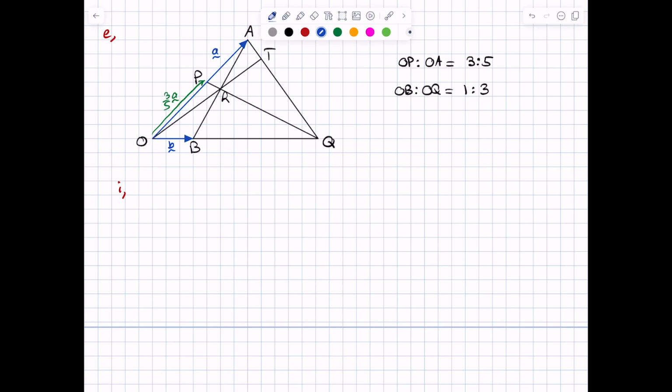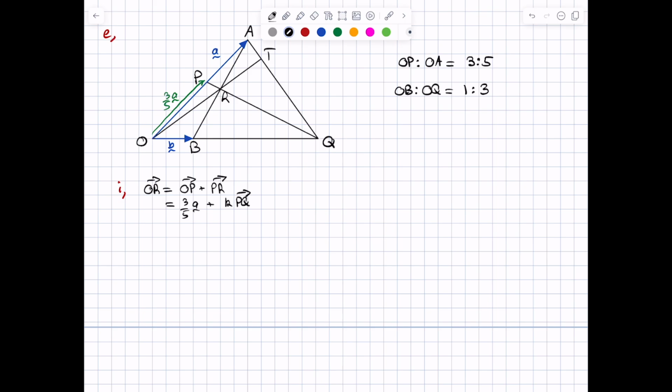Now I'm trying to get the vector OR. So I can see that OR is equal to OP plus PR. Now OP, well, I know that that's equal to 3 on 5 lots of A. What's PR? We're told in the question that PR is equal to K times PQ.